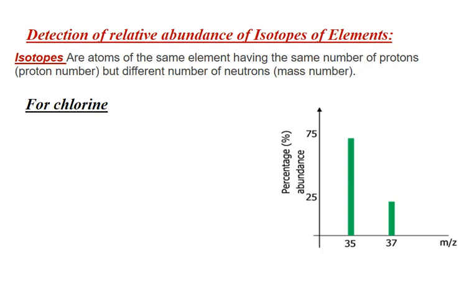That means that 75% of the atoms have a mass of 35. Now, the ones that have a mass of 37 are 25% abundance. That means only 25% of my atoms have a mass number of 37. So, this can be used to determine the relative atomic mass of the element.